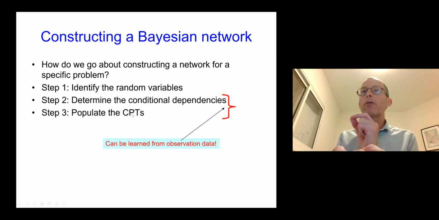How do we populate the conditional probability table if we have the structure? Anybody can give me an idea? Which algorithm should I use? If I have a structure and I have training data, obviously, and I want to populate the conditional probability table, anybody can give me an idea?